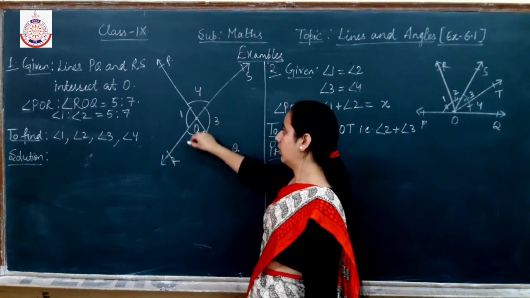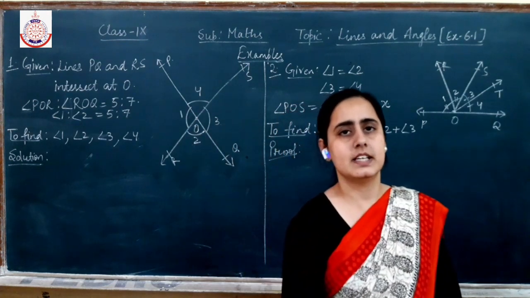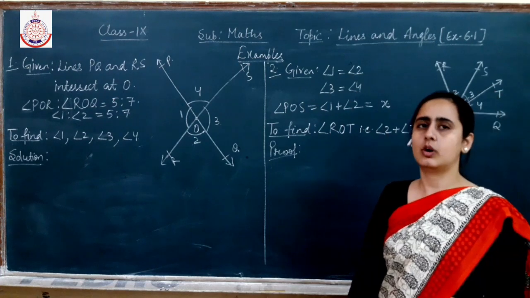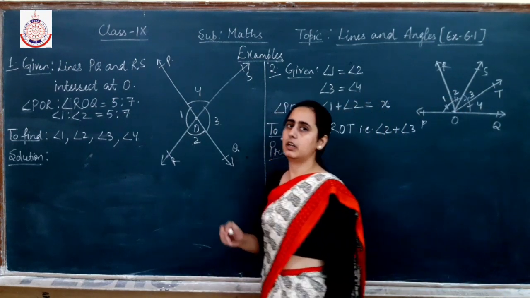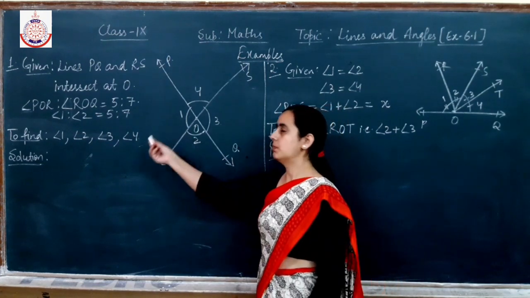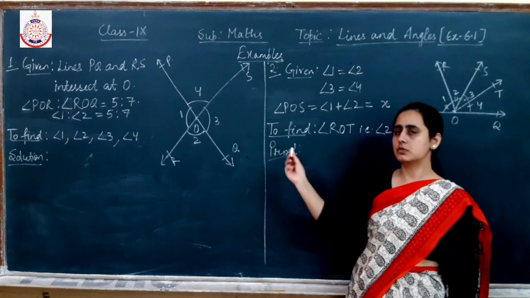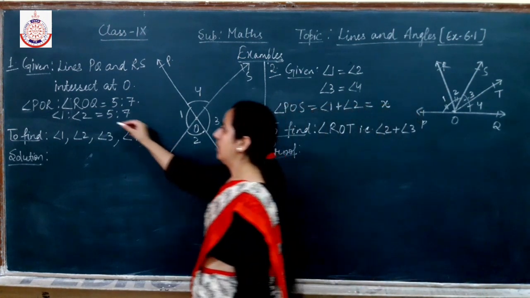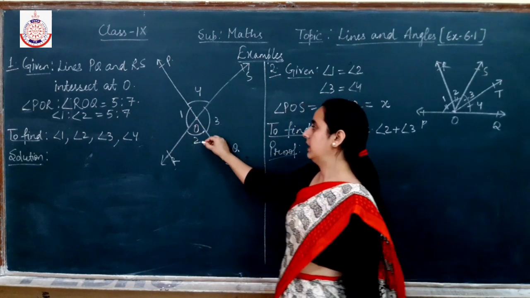I have marked all the angles as 1, 2, 3, 4 because it becomes easy while solving. So it's always better to mark the angles. But if you are writing a particular angle as 1 or 2 or 3, it should be shown in the figure also where angle 1 or 2 is, and so on. So here POR I have taken as 1 and ROQ I have taken as 2.